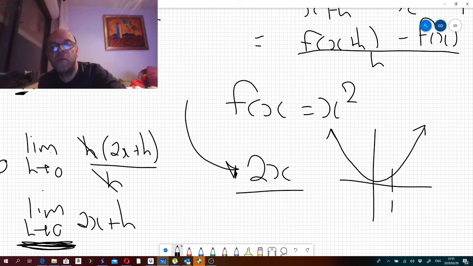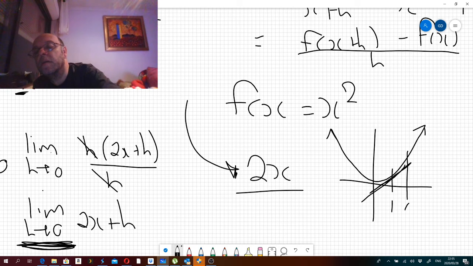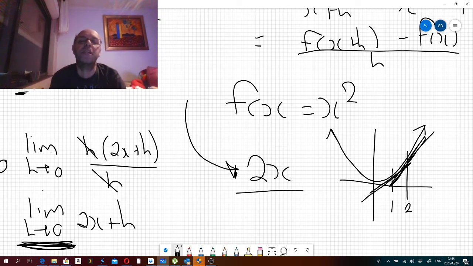If I plug 1 into this gradient function that I've worked out, I get 2 times 1, which is 2. That means that at the point 1, a straight line that just touches at the point 1 will have a gradient of 2. And if I take x equals 2, then a straight tangent line that just touches at the point 2 would have a gradient of 2 times 2, which is 4.